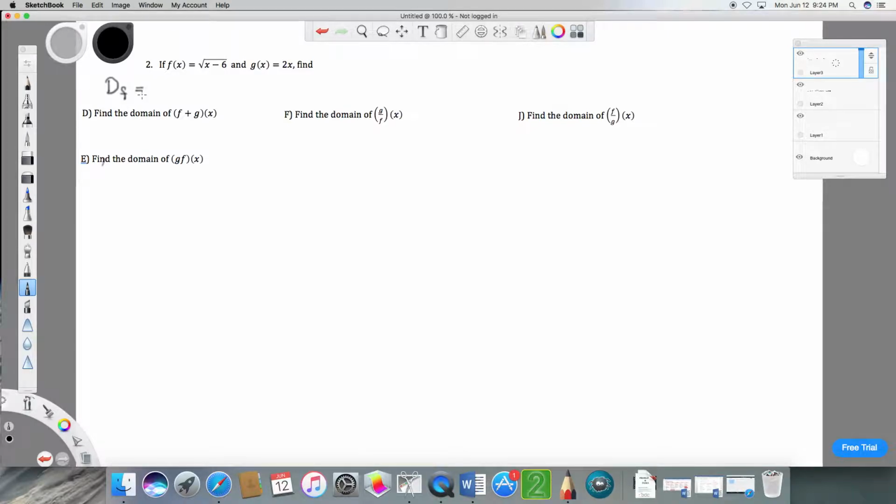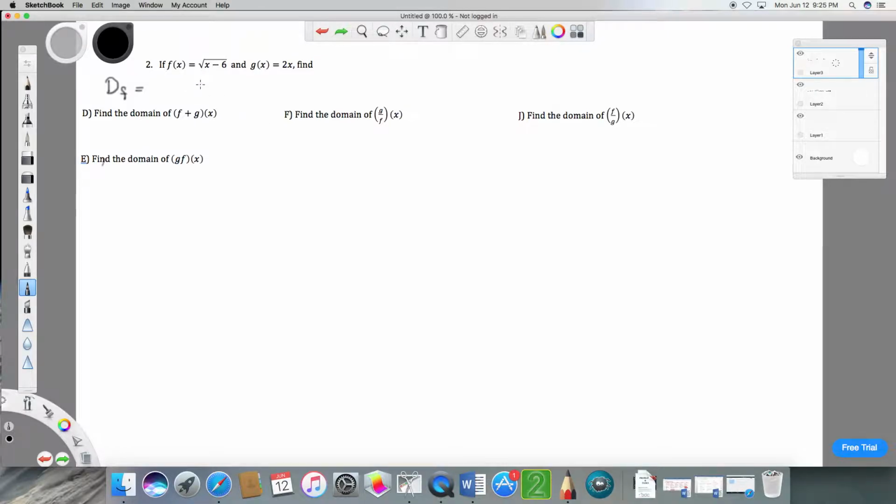The domain of any function is always the set of all real numbers, excluding any values that cause division by 0. Well, we don't have any variables in a denominator for either one of these, so that doesn't come into play. In f, we do have a square root, so we have to make sure that we're not taking the square root of a negative number.